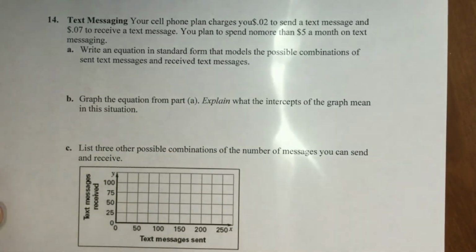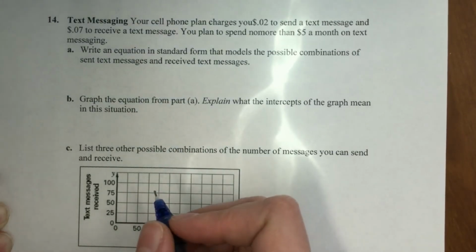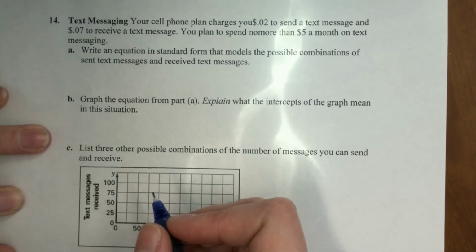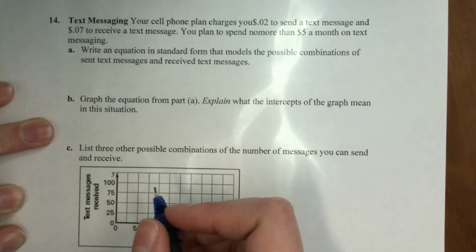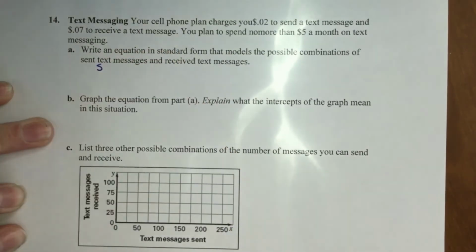Okay, text messaging. Your cell phone plan charges you 2 cents to send a text message and 7 cents to receive text messages. You plan to spend no more than $5 a month on text messaging. Okay? Write an equation in standard form that models the possible combinations of sent and received text messages. Okay, so I'm going to use S for sent and R for received.